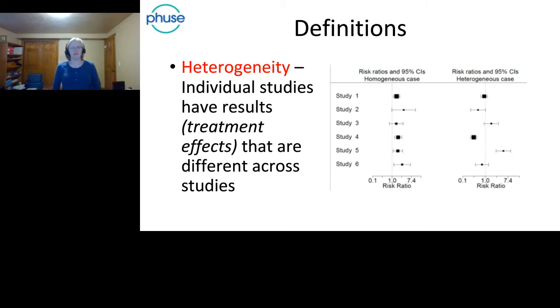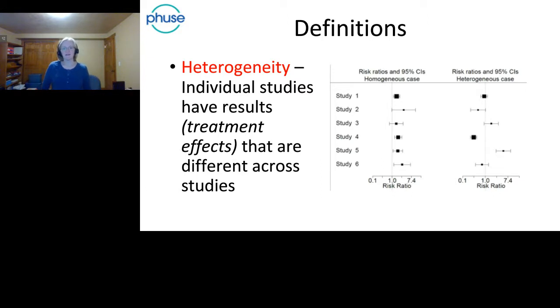Another definition that comes up is for integrated analyses. This is not as key for individual studies, but for integrated analyses, it's really important to understand what heterogeneity means, right? Heterogeneity means that you have differences in treatment effects across your studies, and treatment effects is the key word here. You might have two different studies with very different inclusion-exclusion criteria, so very different populations.